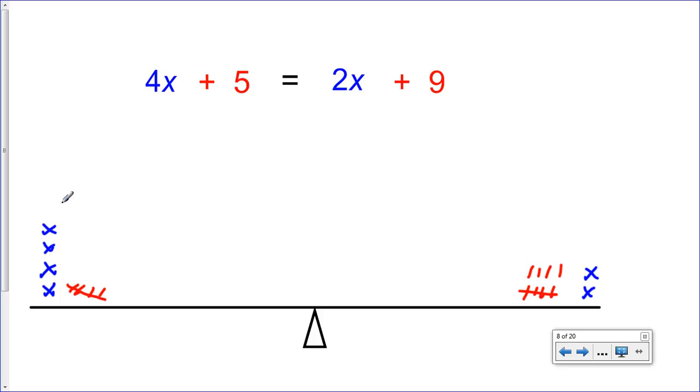I will, make it a little bit neater. Negative x, negative x, negative x, and negative x. But if I'm going to do that on the left side, I've got to do it on the right side as well. 1, 2, 3, 4. So what have I done? I've added negative 4x to both sides of this equation.